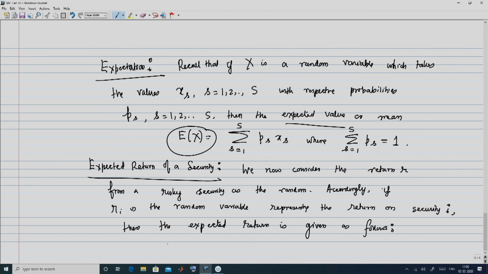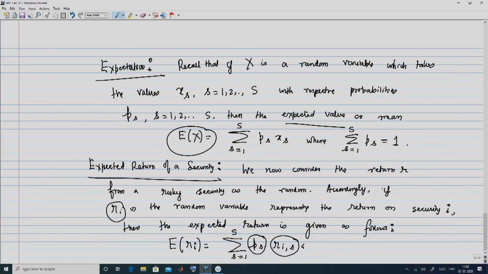It is the expectation of the random variable Ri for the ith security. This will be given by the summation of p subscript s, s equal to 1 to capital S, into R i comma s. Note that this random variable Ri will take possible values Ri s with the corresponding probability of p subscript s.